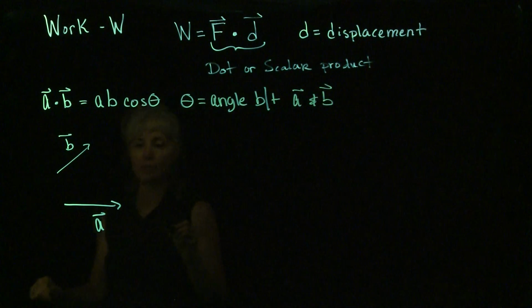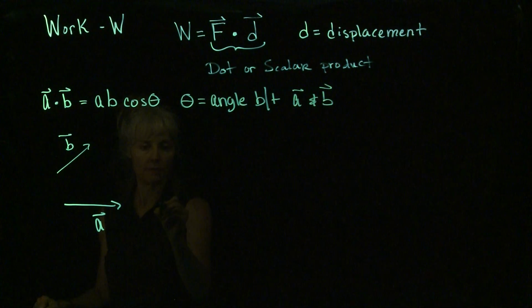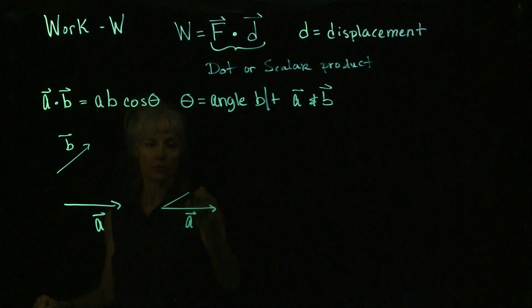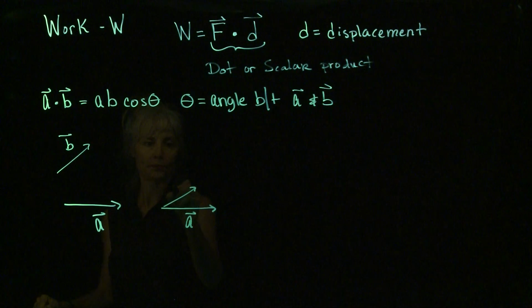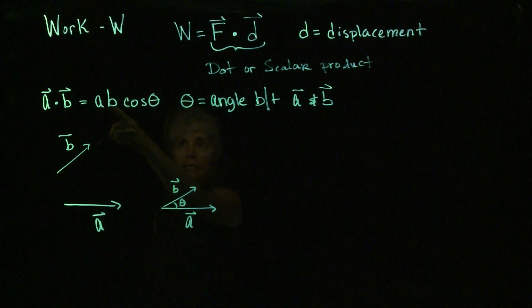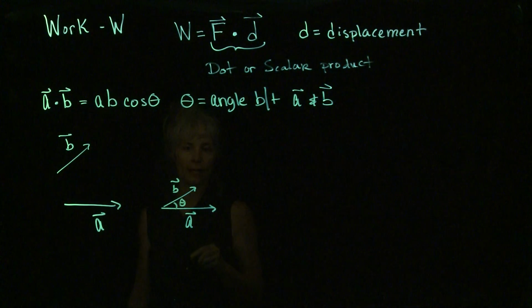Let's put A and B tail to tail so that we can define that angle. So here is vector A, and now here's vector B. This angle theta is the angle as we've defined it in the dot product.